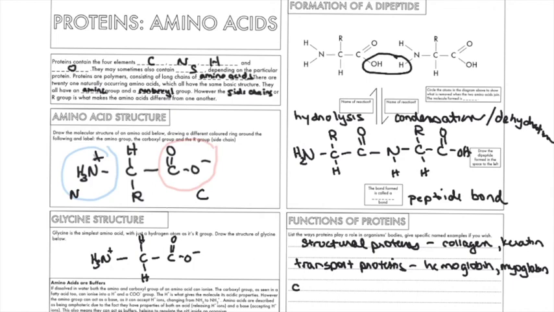Then you have contractile proteins. Actin and myosin are two examples, and they are in muscle. Okay, and then we have enzymes that perform catalysis in the body and are involved in reactions in metabolism and cellular respiration.